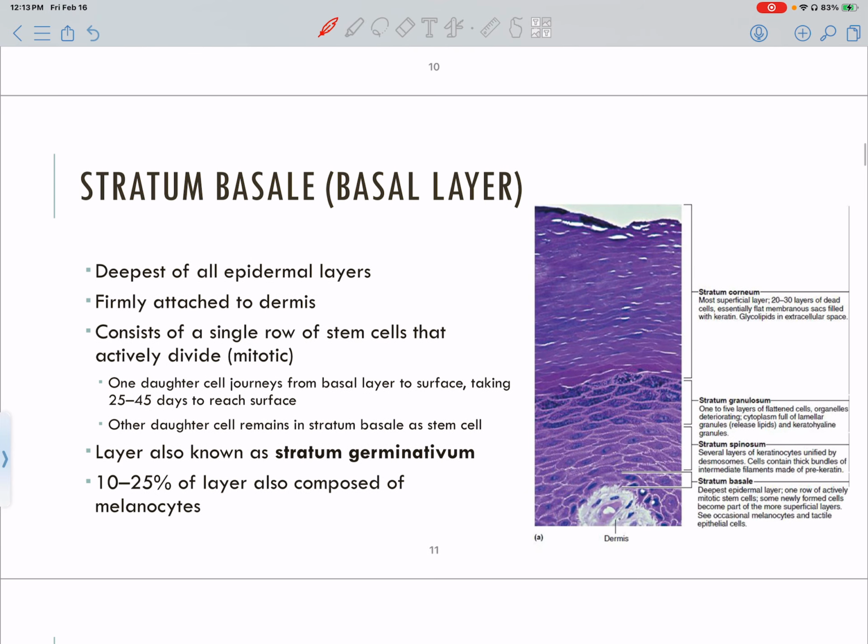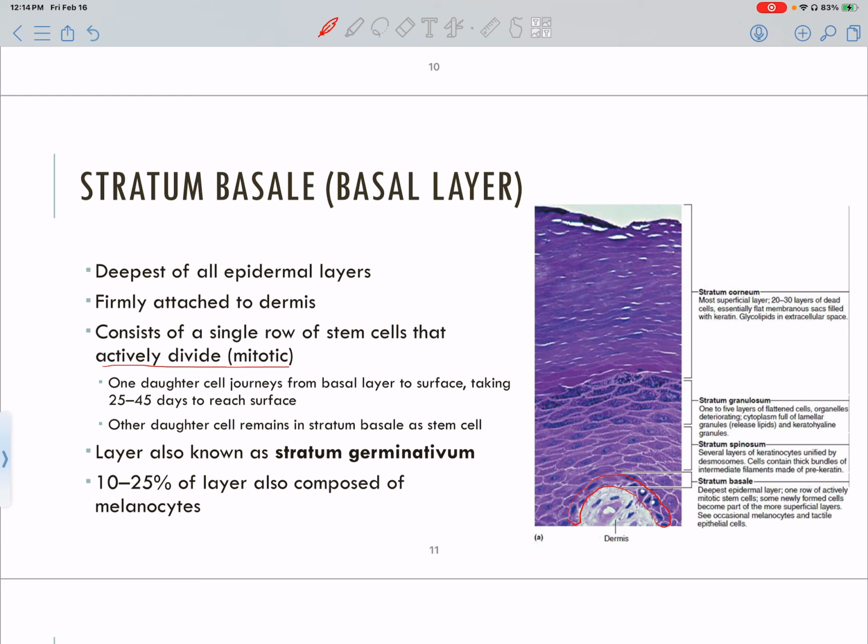So the deepest layer in the epidermis is your basal layer. So right down here, it's a single layer of cells. This is your basal layer. It's going to lie closest to the dermis for a good reason, because this layer is mitotically active, meaning it's going to divide.